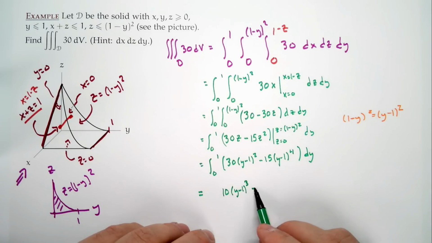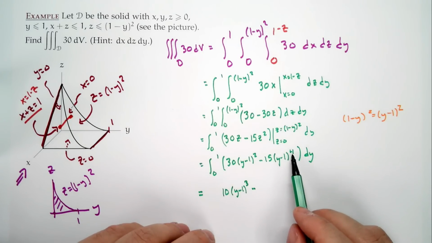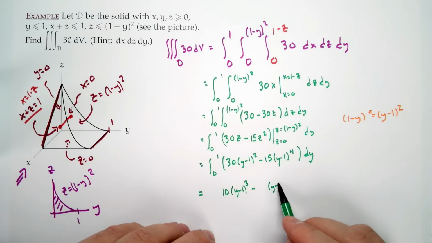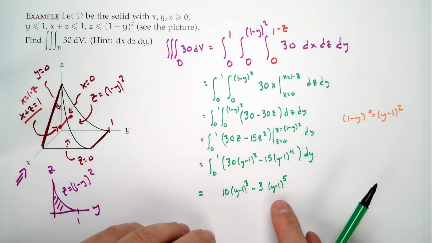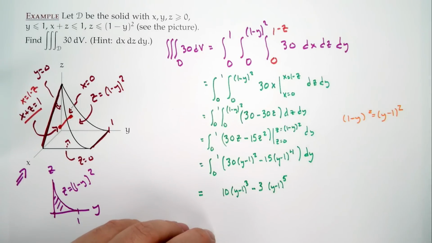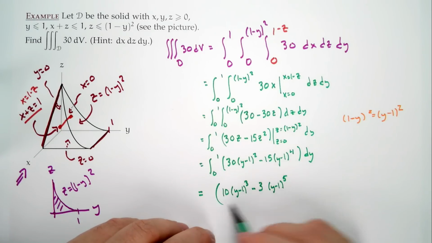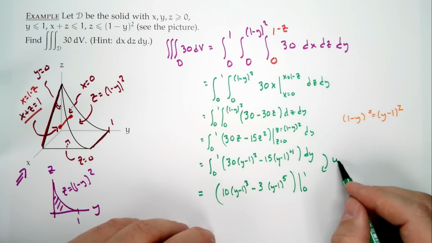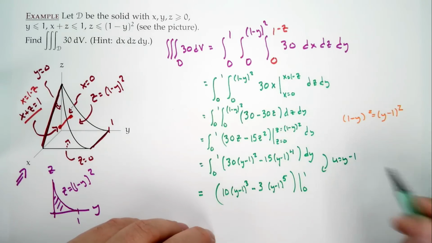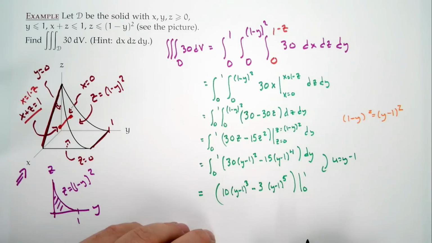Then here, minus, I'd add 1, so that'd be y minus 1 to the 5th, divide by 5, so there's a 3. We can do this because y minus 1 is essentially y, it's a shift. And if you don't like this, you could also do a u substitution of u equals y minus 1, but you don't need to.